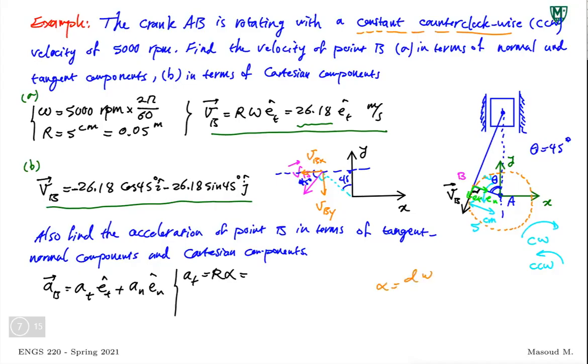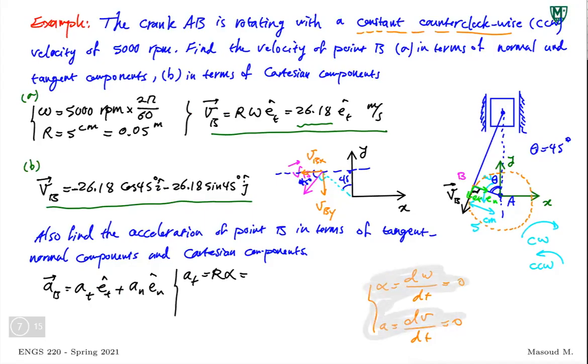Acceleration is the derivative of velocity with respect to time, either in linear or in angular circular motion. It doesn't matter. When velocity is constant, the derivative of a constant value is zero. So acceleration becomes zero, either linear or angular. In this case, we're talking about angular motion.